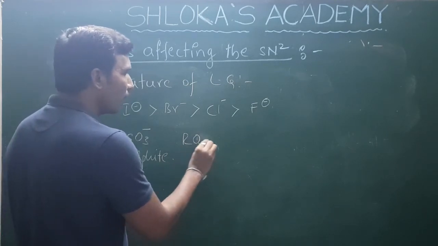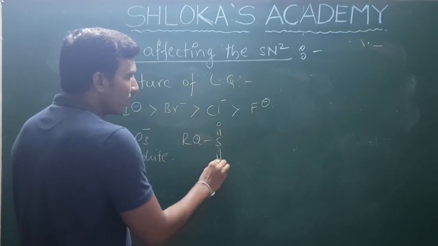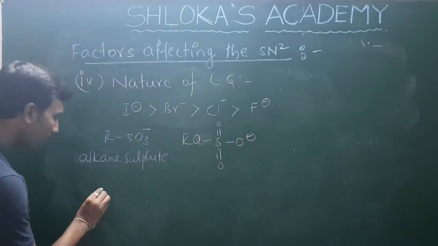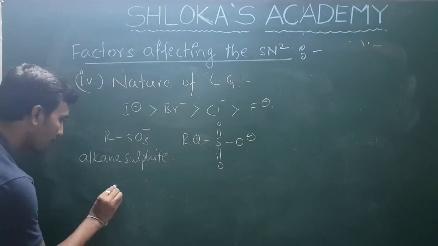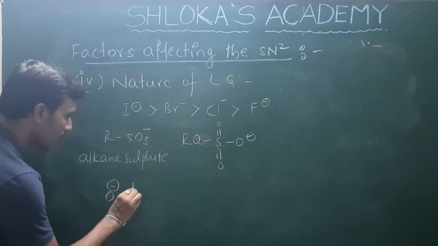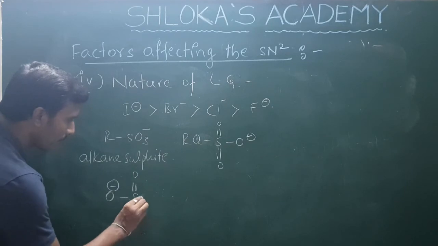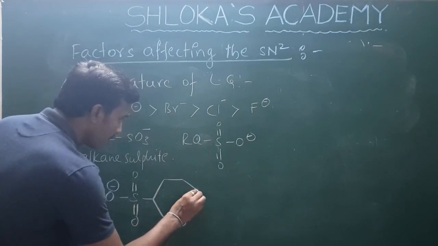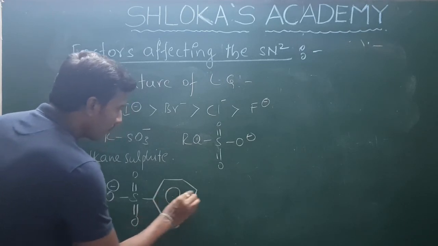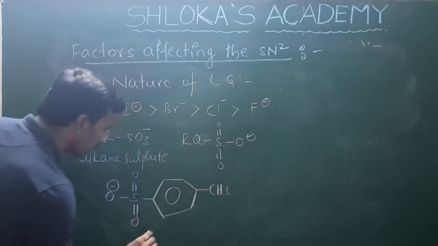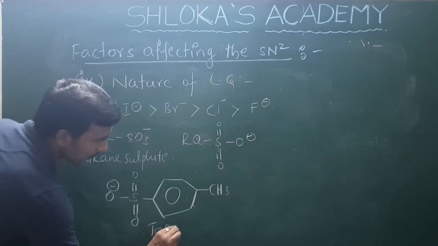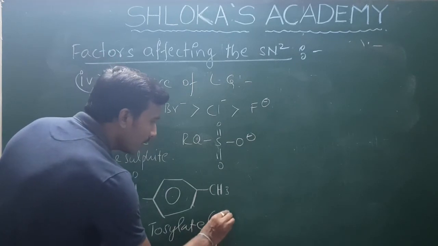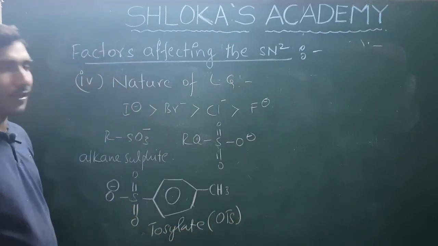Actually, you can write ROSO3 minus, alkane sulfate, and very important, which is called tosylate. It can be abbreviated as OTs. It is a good leaving group.